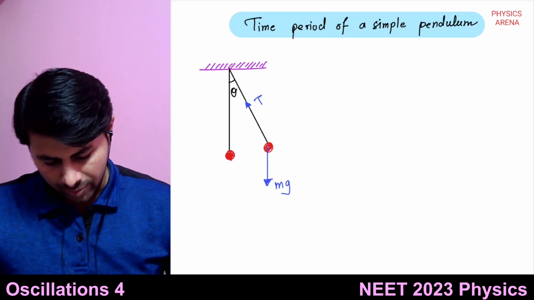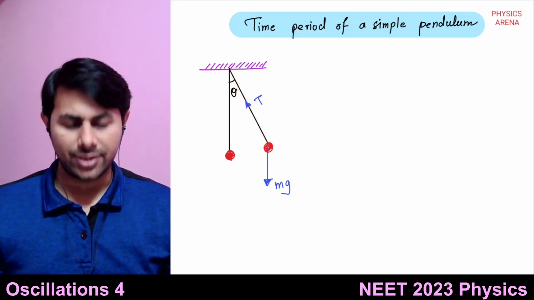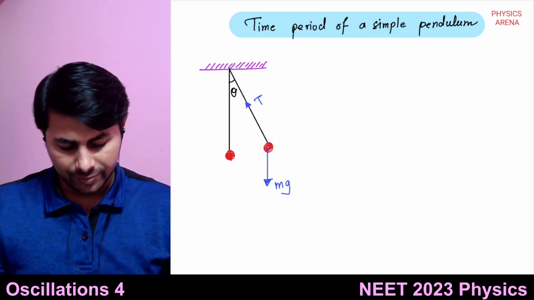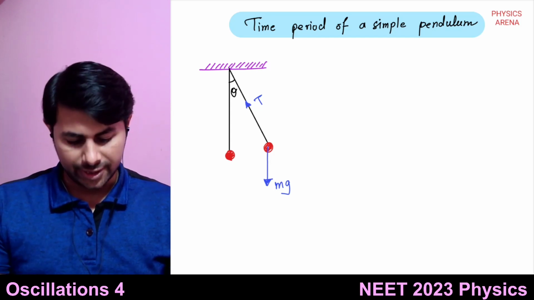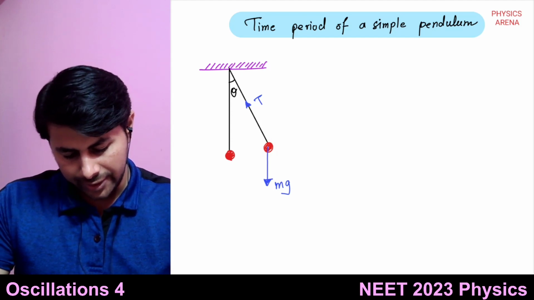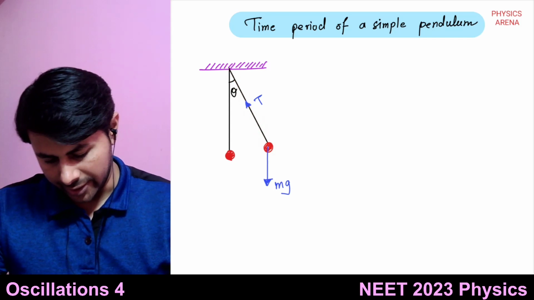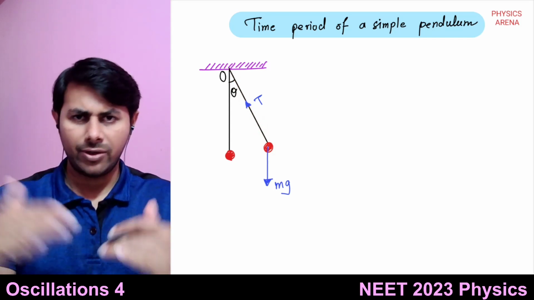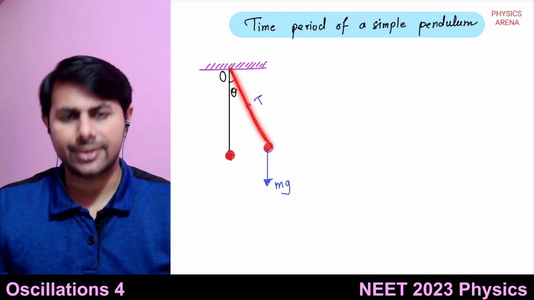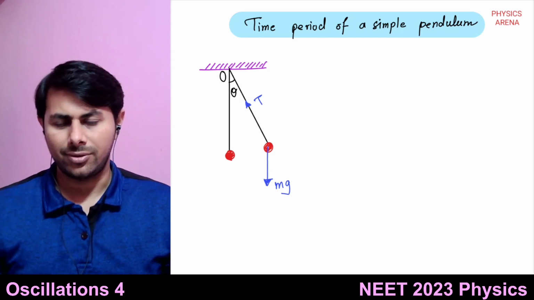Now if you think about the tension in the string, it is passing through the string itself. Let's suppose it acts at this point. Its distance from O is equal to L. But it is passing through the string itself, and therefore torque due to T is equal to 0.